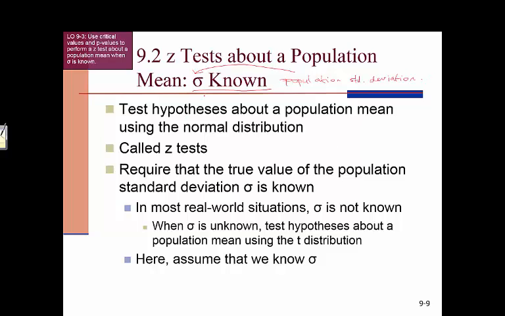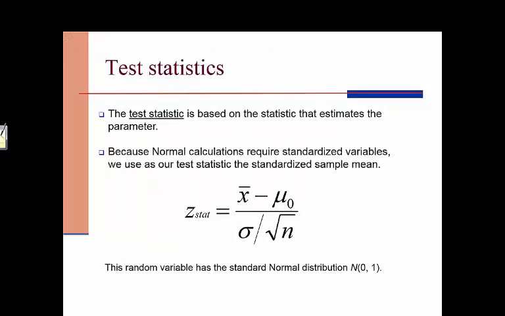So if you know the population standard deviation, then you're going to use z-test. Okay, the z-distribution. And to use the z-test, you're going to calculate the z-statistic. Okay, this is called the test statistic.